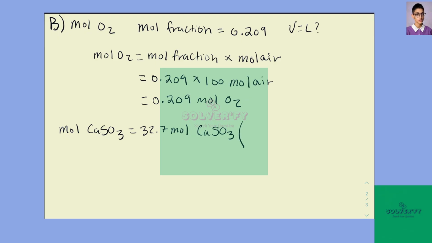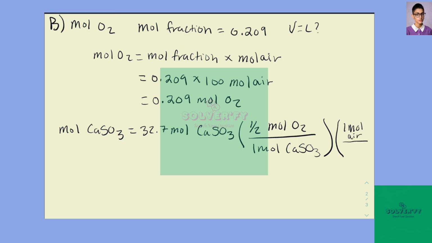And we know that for every 1.5 mole of O2, we have 1 mole of our calcium sulfite. And then we also know that for every 1 mole of air, we have 0.209 moles of O2.